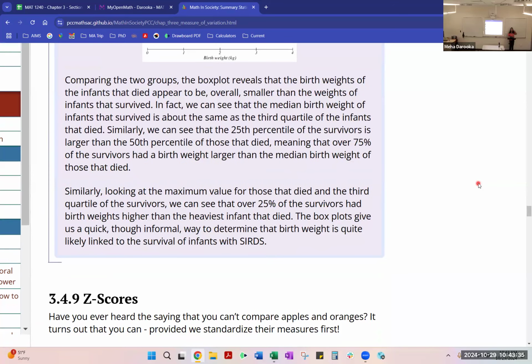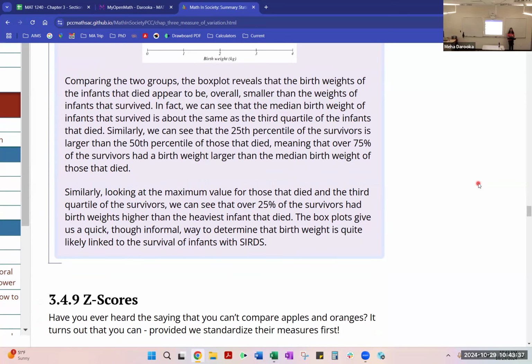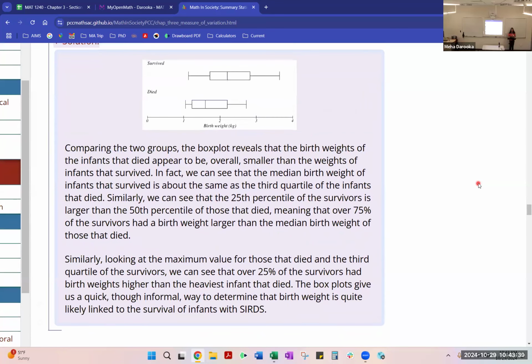All right, so again, you can see we did this as a comparison. The second half of this paragraph is basically talking about similarly looking at the maximum value for the birth weights for infants that died compared to the survivors. You will again see that over 25% of the survivors had a birth weight which was higher. So you remember this is going from quartile 3 to the maximum.